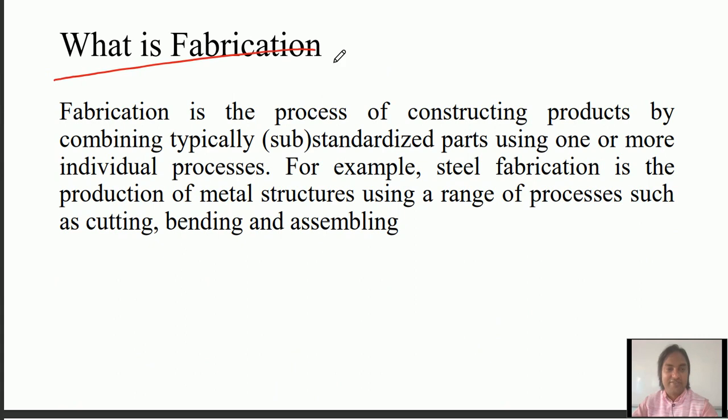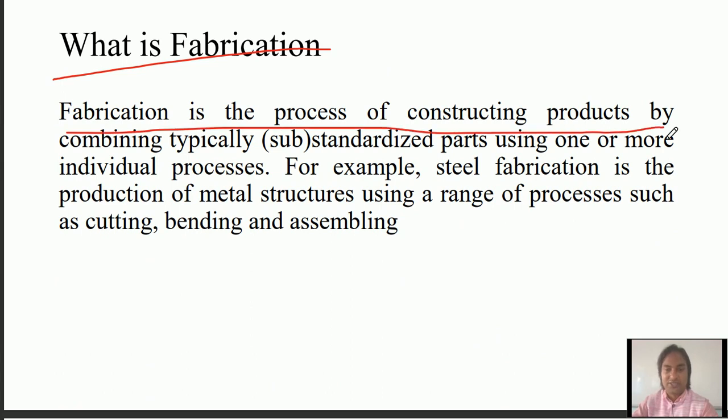What is fabrication? In fabrication, we use standard or substandard parts, and we join them, assemble them. That becomes fabrication. Fabrication is the process of constructing products by combining typically sub or standardized parts using one or more individual processes.